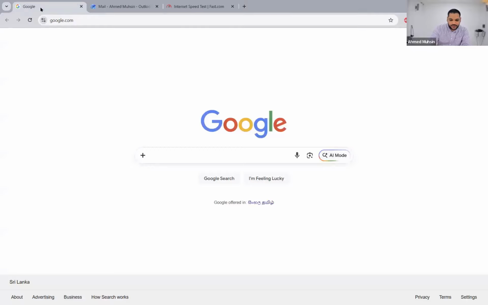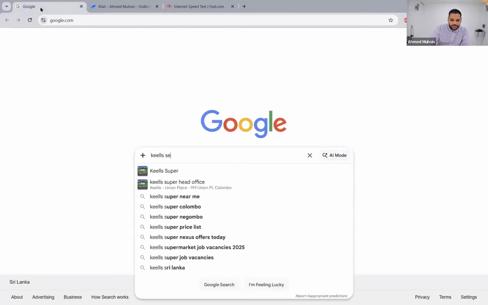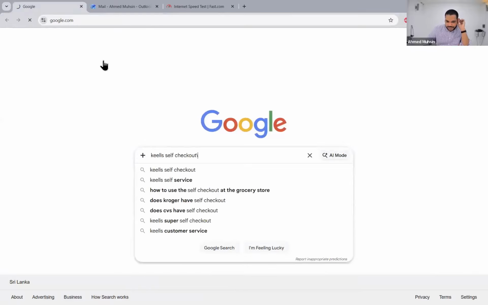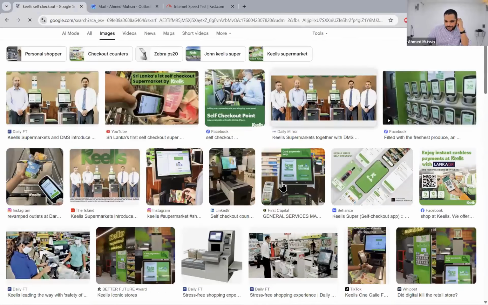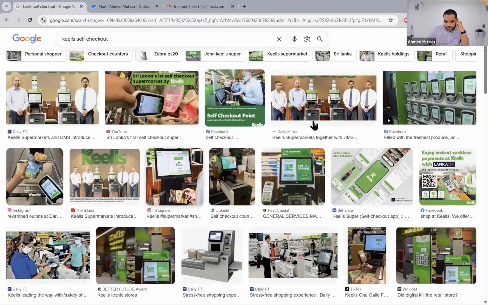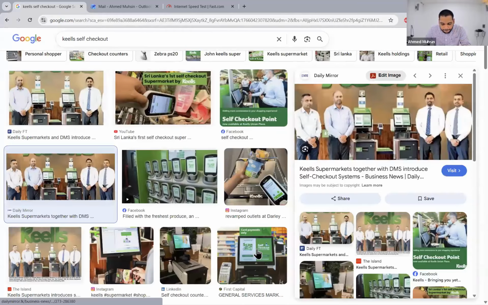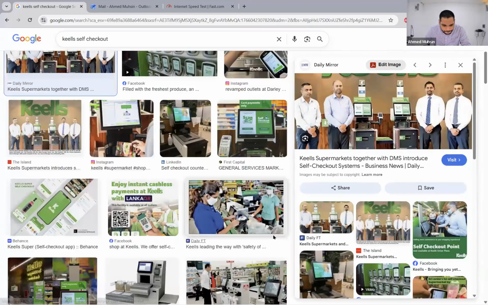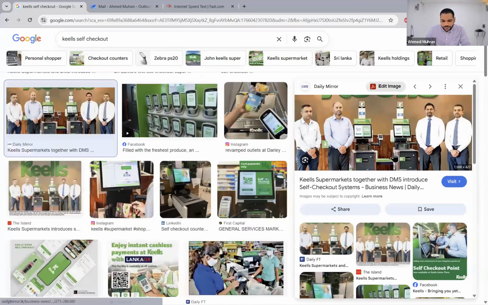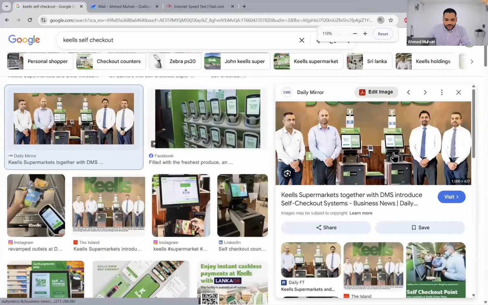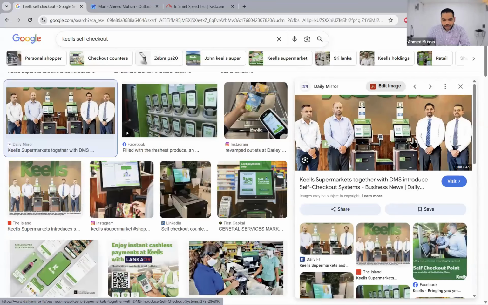So shall I say over here, self-checkout. We'll see if we can have an image that would help us. Here you go. This image looks pretty good. Yep, I think this should do.